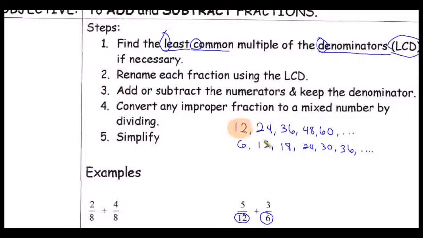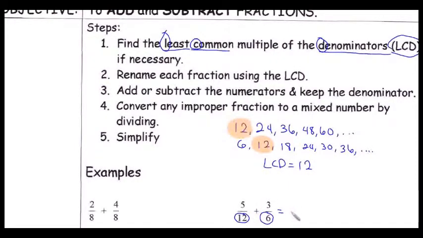Because for now we have this 12 and that 12, we have that 24 and this 24, and we have that 36 and that 36. So we have multiple numbers that are in both lists. But we don't want to look at every number, we just want the smallest one, the least of them all, and that happens to be 12. So I'm going to unhighlight the 36s and the 24s, and these 12s, those are the numbers that I want to use. My LCD would be 12 in this example.